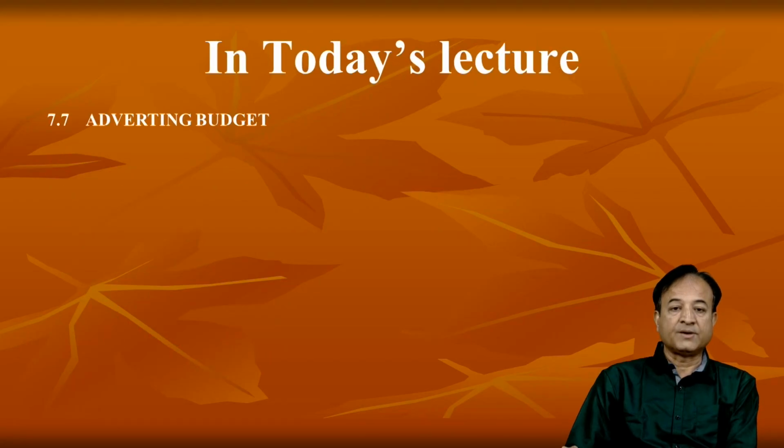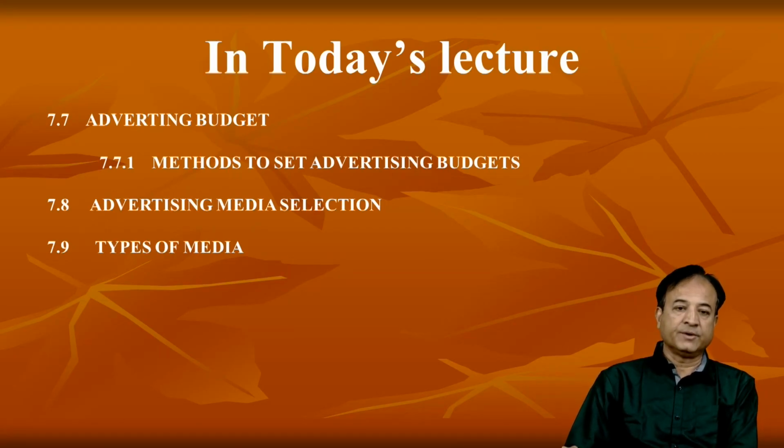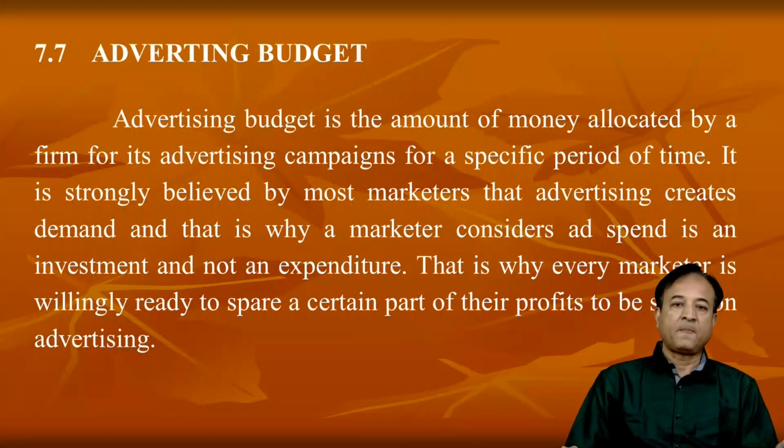And in today's lecture, we will understand advertising budget, methods to set advertising budget, advertising media selection, types of media. These 4 points, mainly 3 points, we will try to cover in today's lecture. Starting from advertising budget.